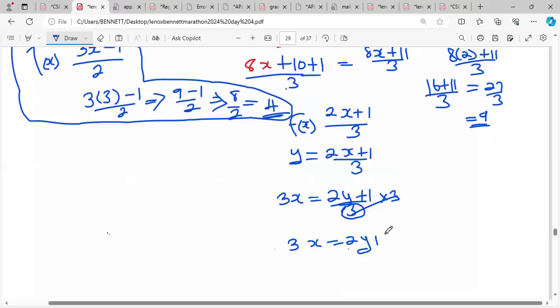Remember, guys, you're undoing the last thing first, so we get rid of the plus 1. Subtract 1 from both sides. So it will be 3x minus 1 equals 2y. And then the final step is to divide by 2, since we are multiplying. Same answer, right? I'm not going to work out the other part because I already did that. We plug in 3, which is 9 minus 1, over 2. But that's how you could approach it, guys.